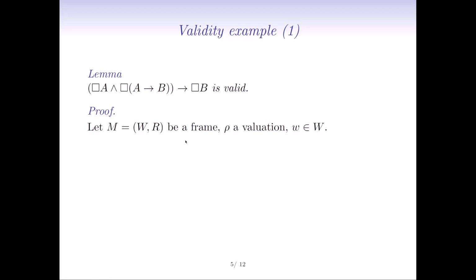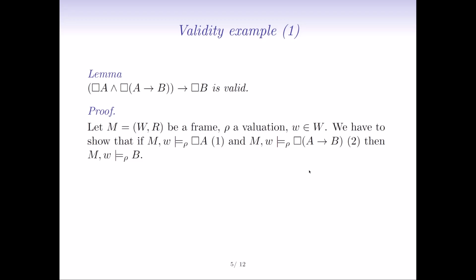So to show that something is valid means showing that it's valid in all frames. So we have to pick an arbitrary frame, we can't assume anything about it. And to show that it's valid in that particular frame means showing that it's true for any valuation and for any world in that frame. So we're going to pick an arbitrary valuation for the frame and let little w be an arbitrary world in that frame. Now what we have to show, just breaking down the propositional connectors, is that if something and something else, then a third thing.